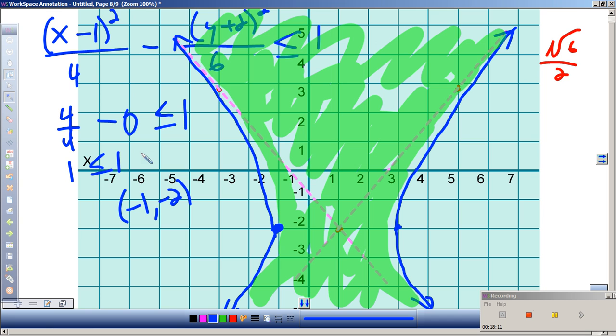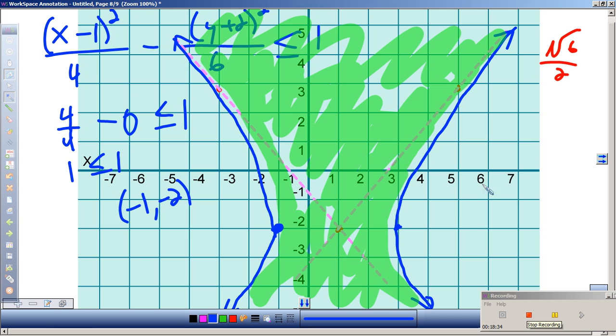But which side will be shaded? We don't know. So what about the asymptote? Asymptotes are valid to test because they are not part of the graph. They are guides for the graph, but they're not part of the graph. Remember, when you're doing lines, they're dividing this into basically 2 regions.